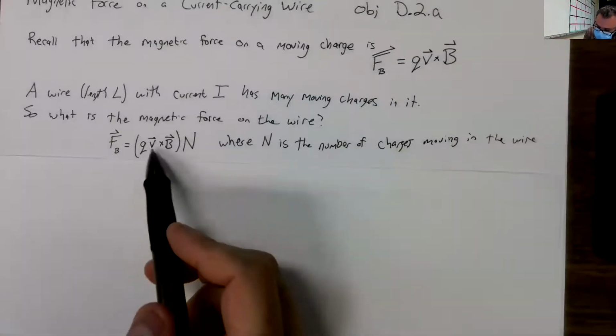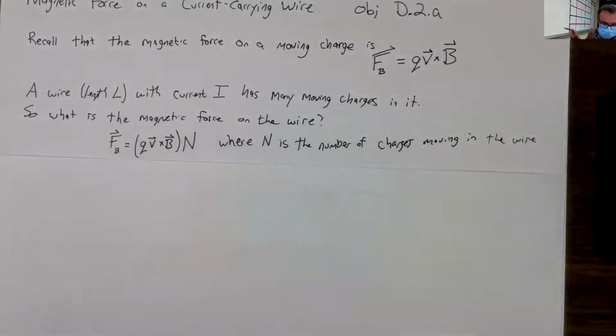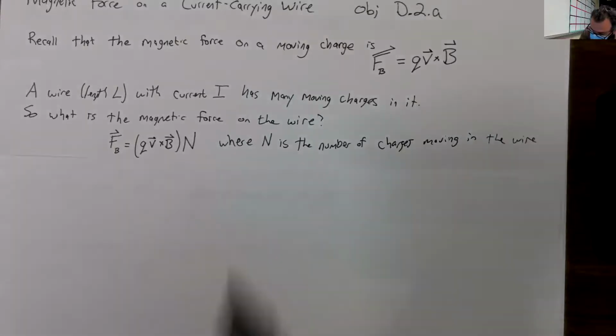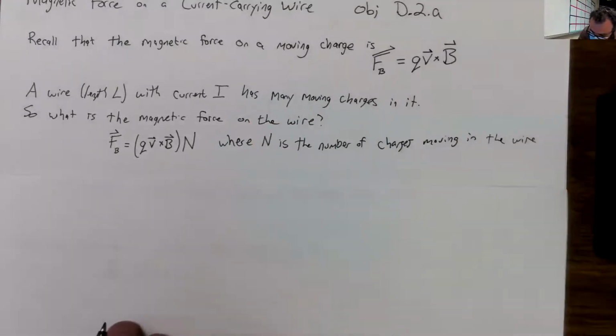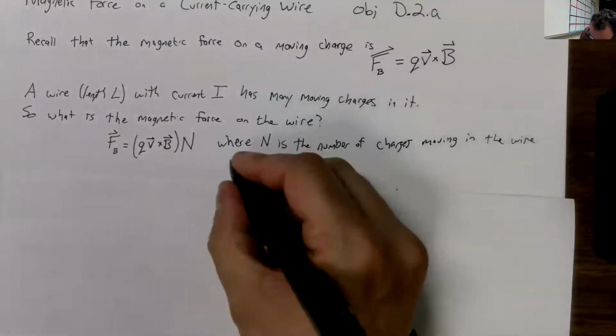And here we would identify V with the drift velocity, right? Because when we have a current flowing through a wire, we know that the average velocity of the charges in that wire is the drift velocity, which we learned when we first learned about current.